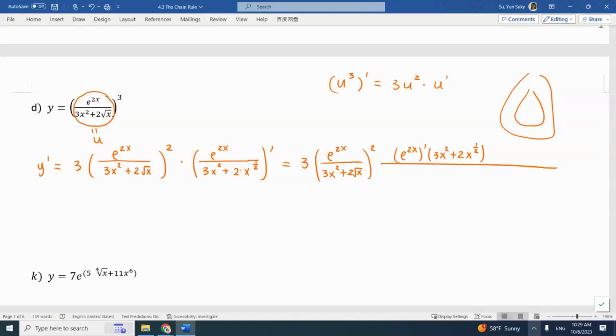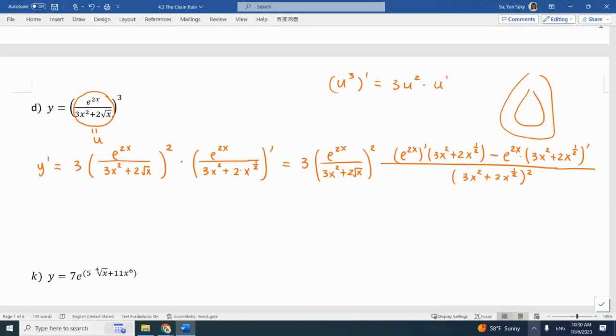And make sure you include the parentheses, because without the parentheses, it will be wrong. And then plus or minus? Minus. What? Yes, u times v, 3x squared plus 2x to the 1/2 prime, all over the denominator squared. So far, so good, everybody?